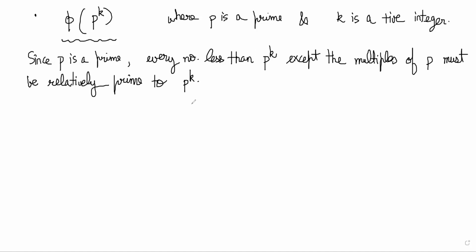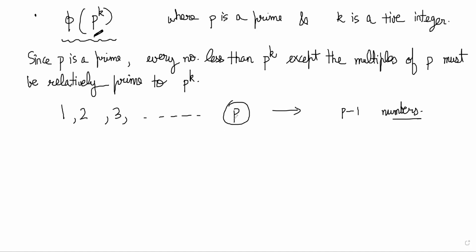So basically, you can start listing out the numbers 1, 2, 3 till p. How many numbers in this range are relatively prime to p power k? There are basically p minus 1 numbers here, because you have to exclude p. P has a common factor with p power k. Similarly, from p plus 1, p plus 2 till 2p, how many numbers are relatively prime?